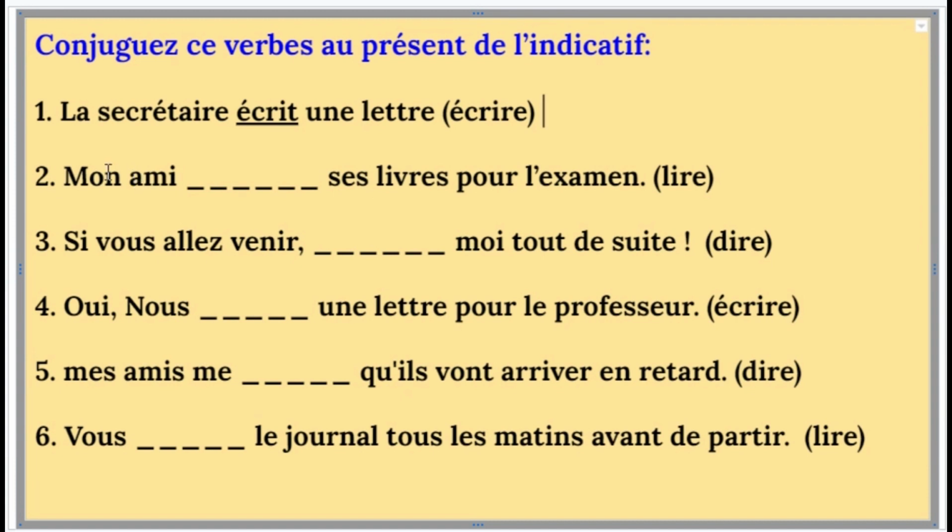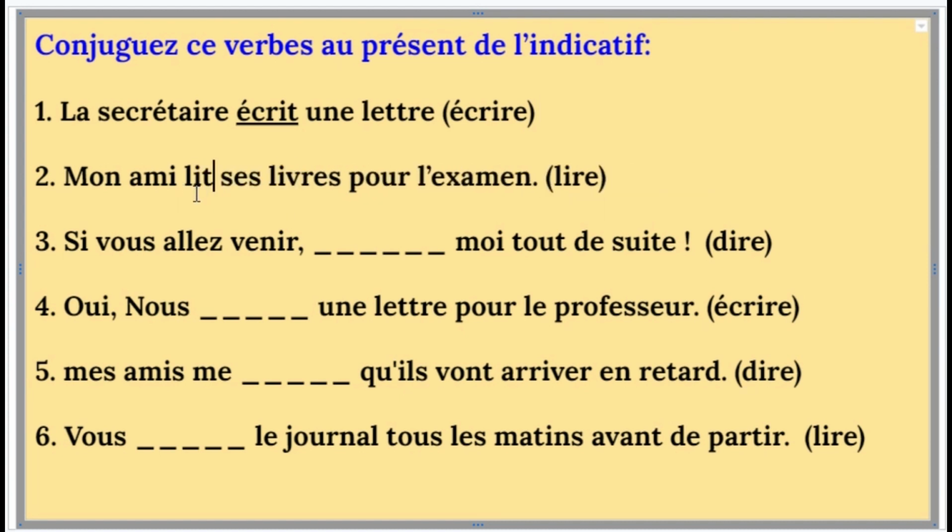Mon ami is going to have the same subject pronoun il, without s, meaning he. So here we are going to have mon ami lit ses livres pour l'examen. My friend reads his books for the exams.